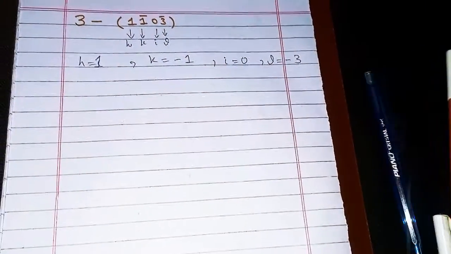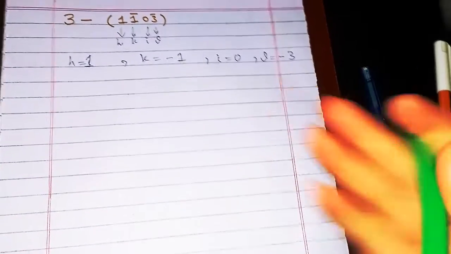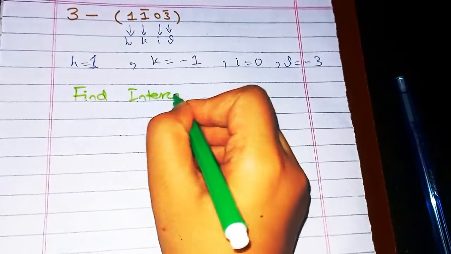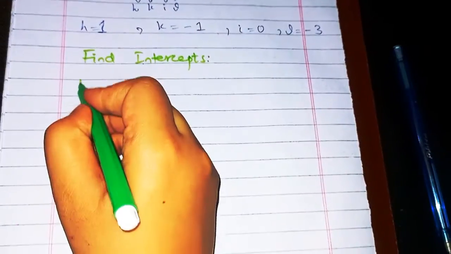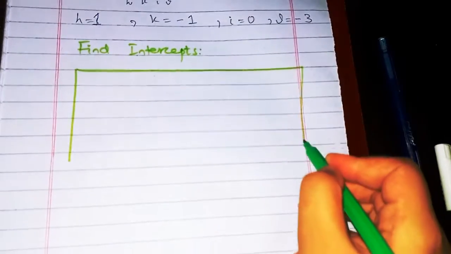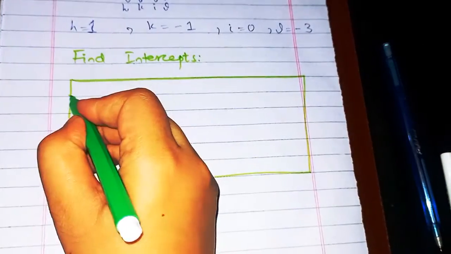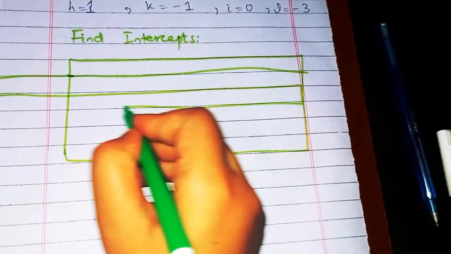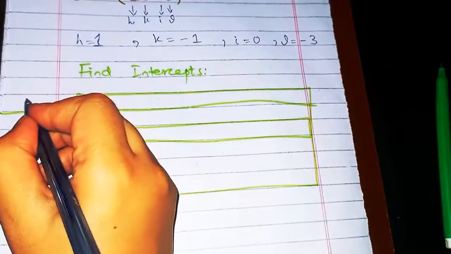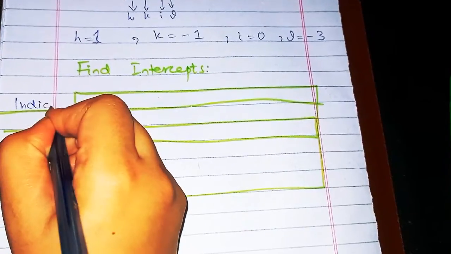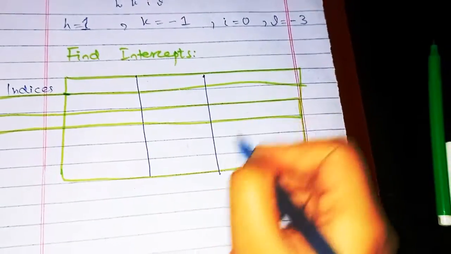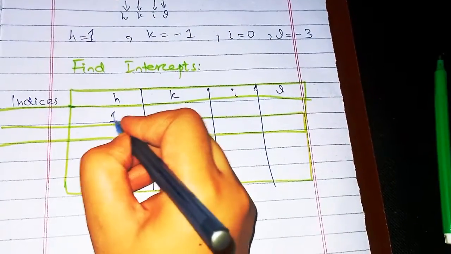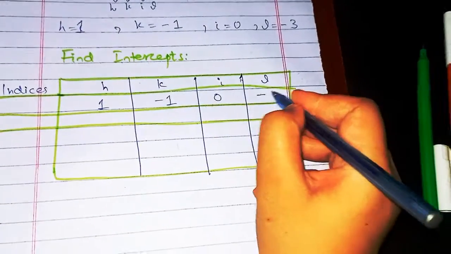So the next step is to find out the intercepts. For that purpose, we'll draw the table again. Here we have the indices H, K, I, L: 1, -1, 0 and -3.